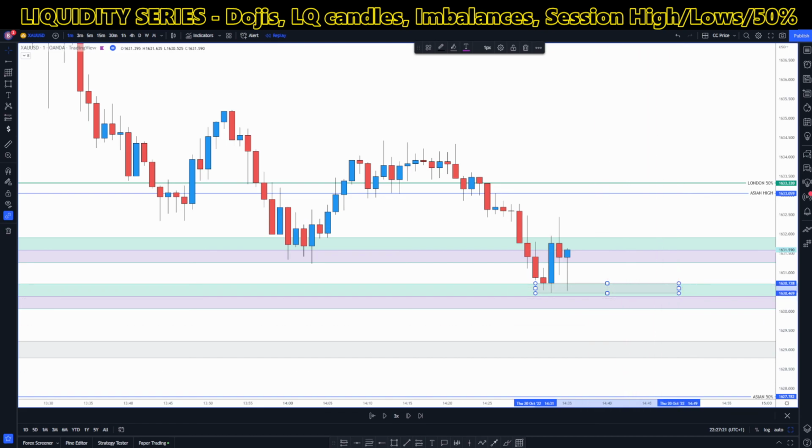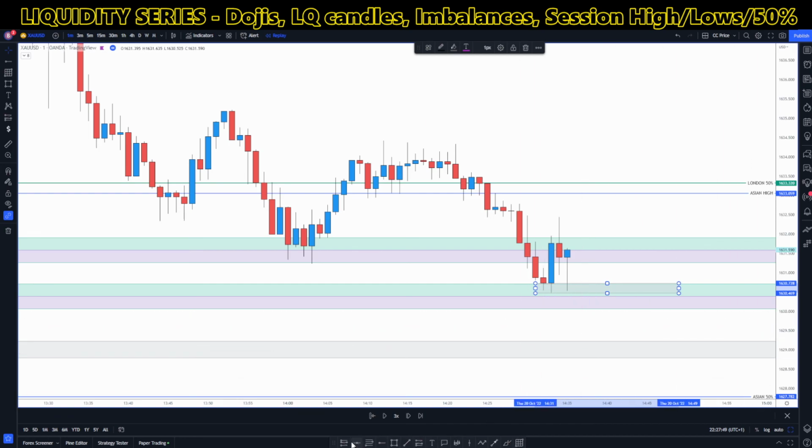You could be entering on the open of that candle, or looking for the 50% of that. Often these will be nice little areas to look for, keeping a tight stop loss under here somewhere. If it starts to break the lows here and close below, the trade's invalidated and you want to get out of that one. You don't want to hold onto these potential losers.